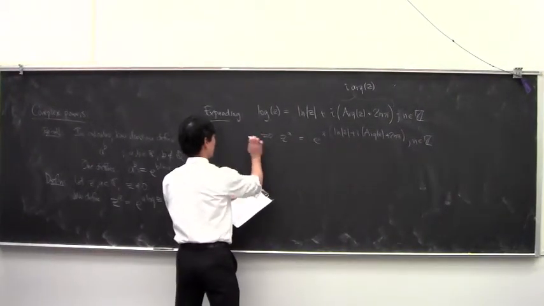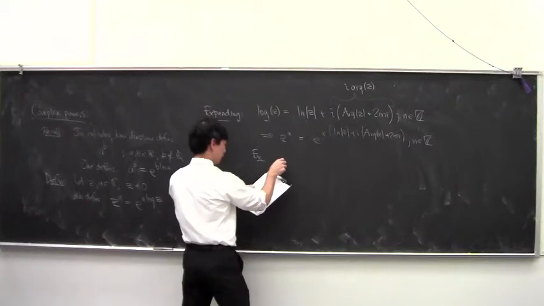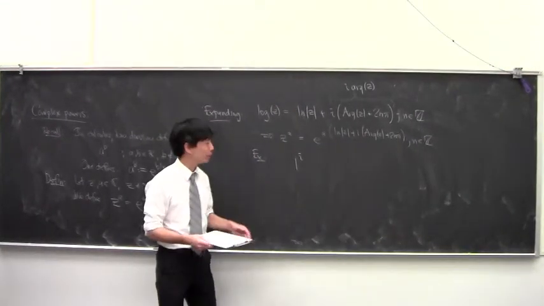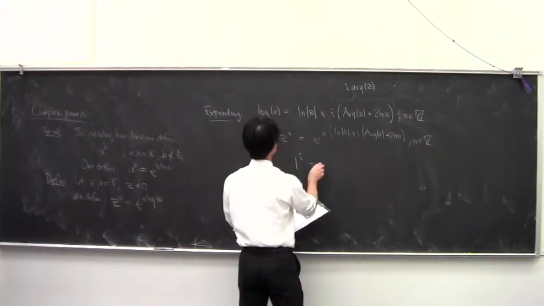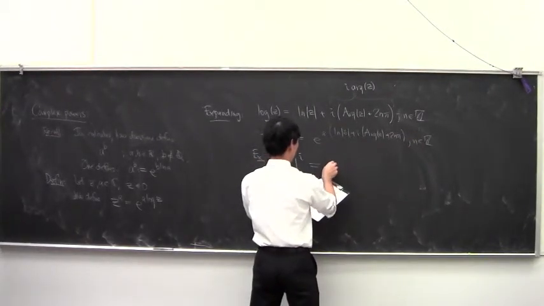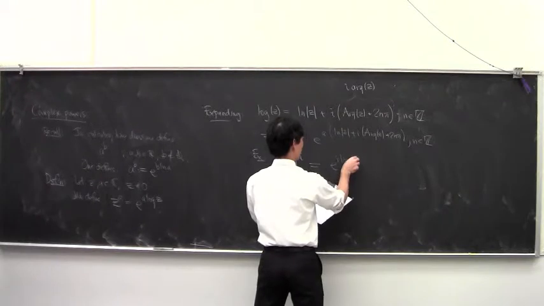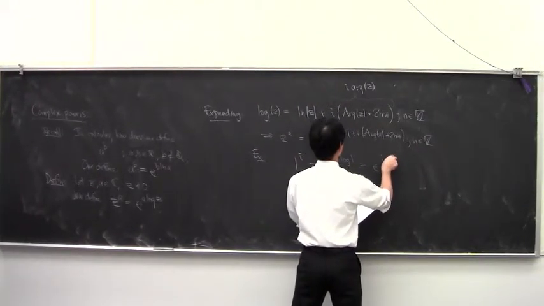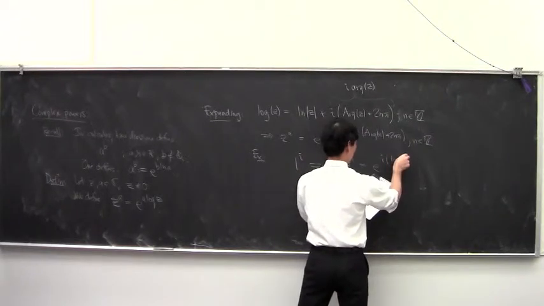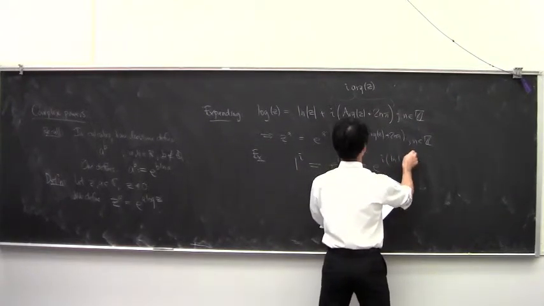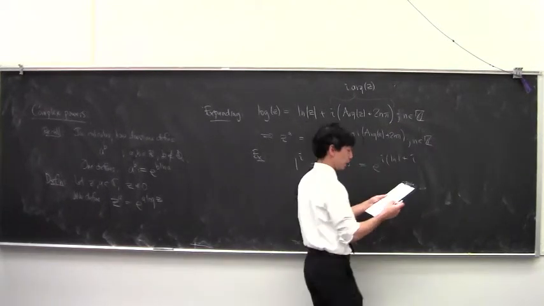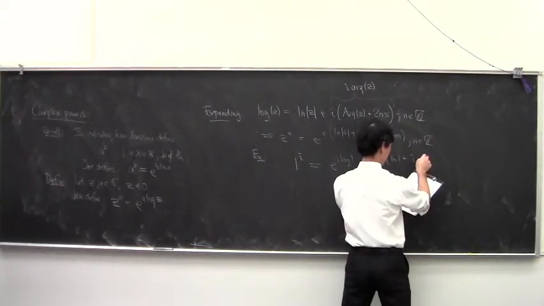In particular, for example, if we say 1 to the i, let's do it, what's that going to be? That's e to the i log 1. That's to say e to the i times natural log of 1 plus i times the argument of 1, which is 0, plus 2 pi n.